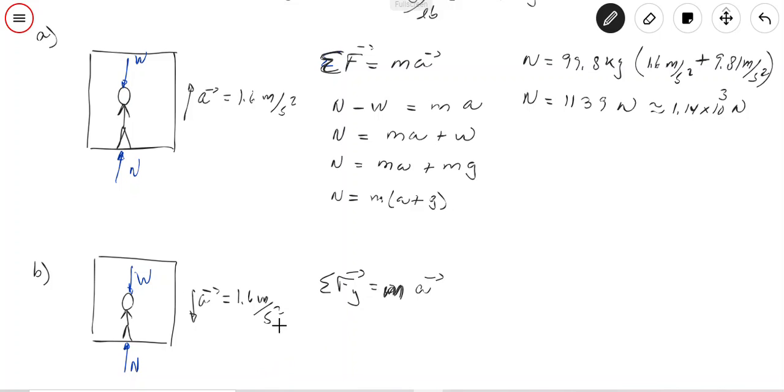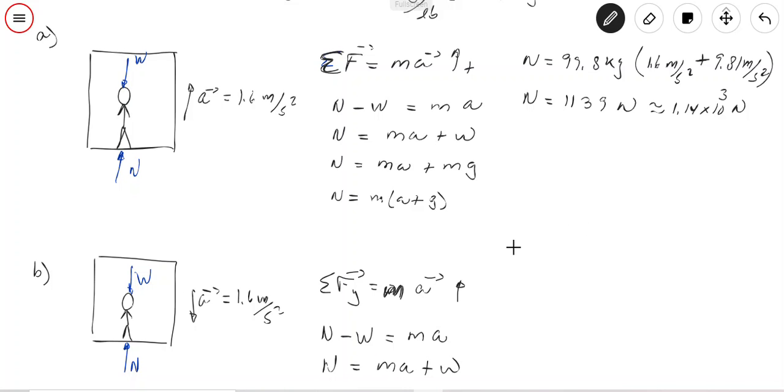We say, okay, again, taking positive those forces that point up, I can say that the normal force minus the weight is equal to the product of the mass times acceleration. So the normal force is equal to mass times acceleration plus the weight.